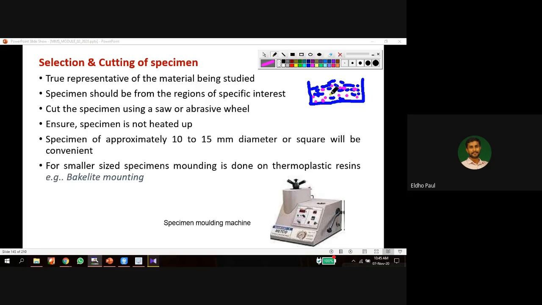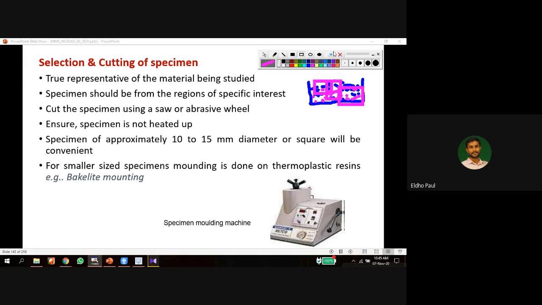So if we cut a particular section from here, the sample microstructure will be different from this segment, because this segment contains more alloy elements or impurities. So we have to cut a section which is a true representative of the base metal, and select such a segment from it.